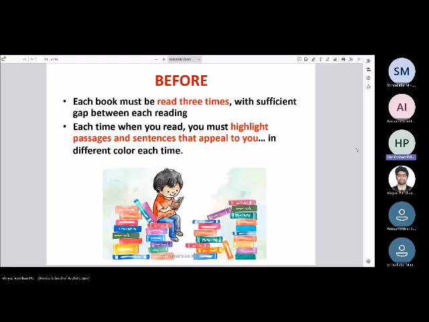So each time you read, you must highlight passages and sentences that appeal to you, and each time in a different color. You can have your own color code, because it will tell you a lot about the particular book that you have been reading.